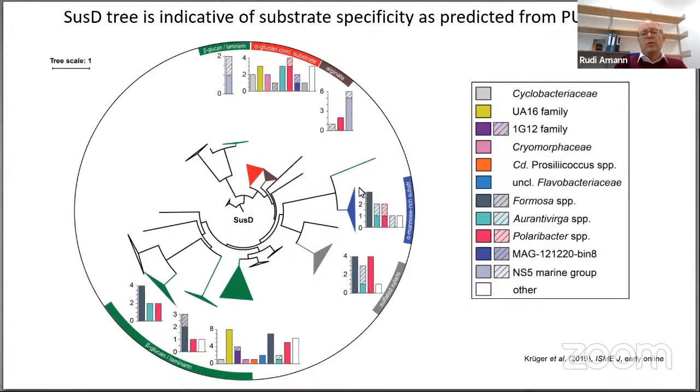What you recall over here is the laminarins, the alpha-glucans, the alginate, some mannans, some sulfated xylans, etc. So that's what we found out there. And we found certain families, which you by now recall: Candidatus Prochlorococcus, Aurantivirga, Formosa, Polaribacter.